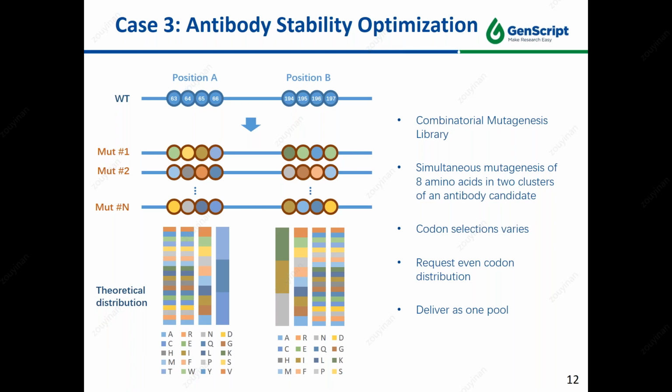Positions 65, 66 in the first cluster, as well as 194 and 195 in the second cluster, need to be mutated to selected amino acids.